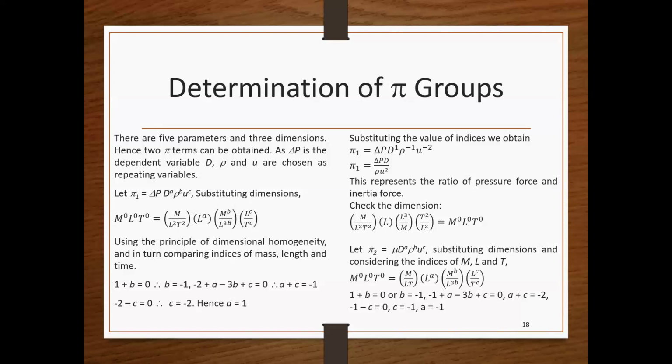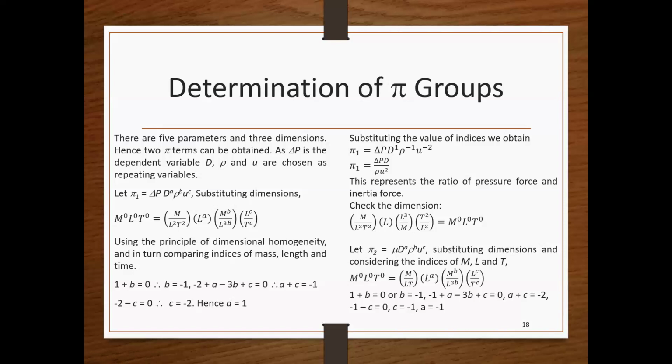Next, let pi 2 be equal to mu, D exponent a, rho exponent b, U exponent c. How many pi terms? The number of parameters minus the number of dimensions: 5 minus 3 is 2, so two only. Substituting dimensions, M0 L0 T0 is equal to M over LT for mu, times L exponent a, rho M exponent b over L to the 3b, L exponent c over T exponent c. For M: 1 plus b is 0, so b is again negative 1.